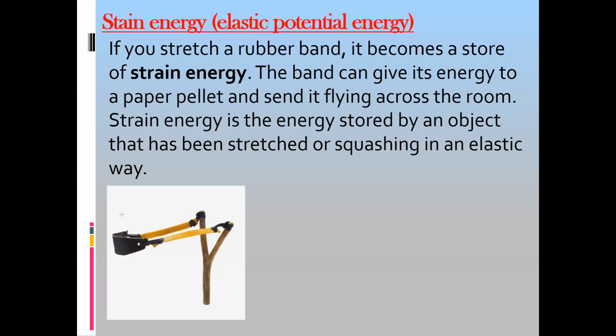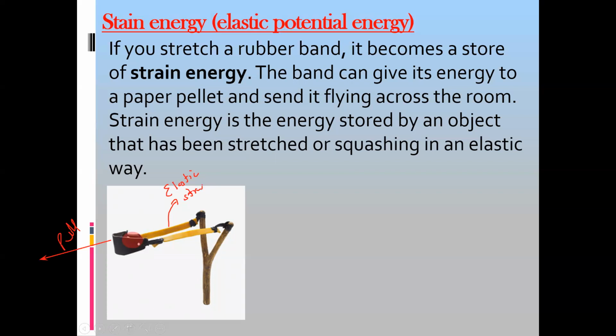If you place a stone or a pebble here and you pull this catapult backward, the rubber will stretch. When the rubber stretches, which form of energy will it have? It will have elastic strain energy.